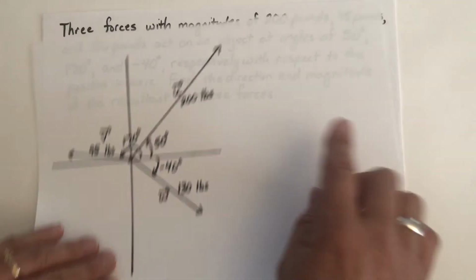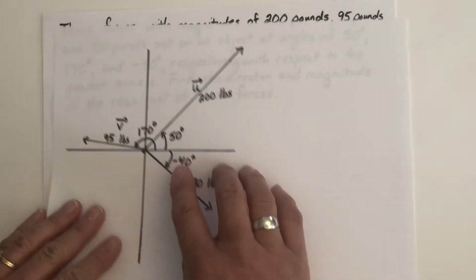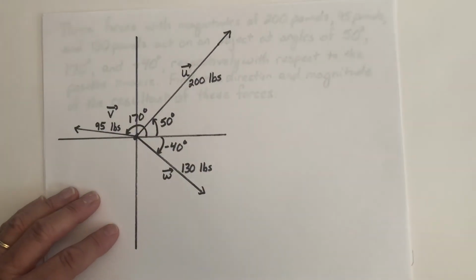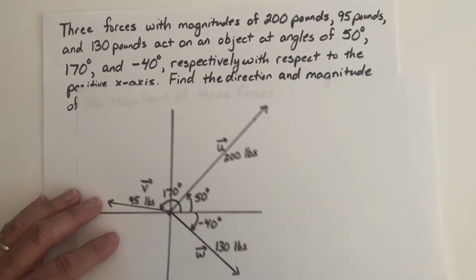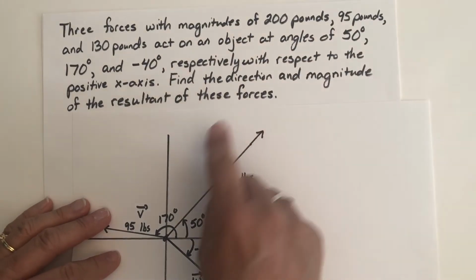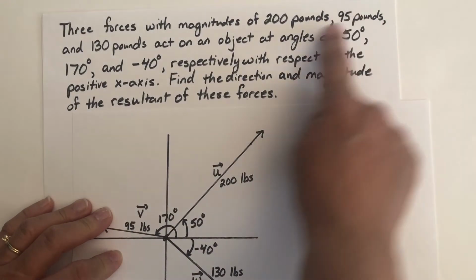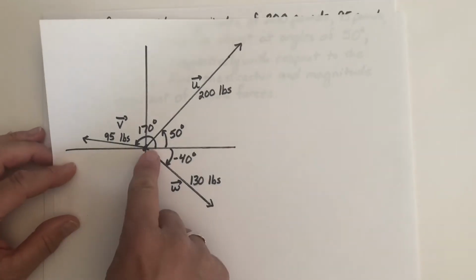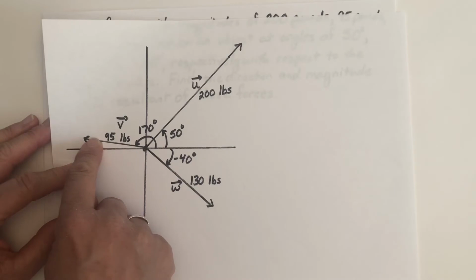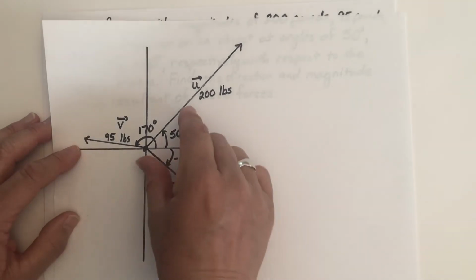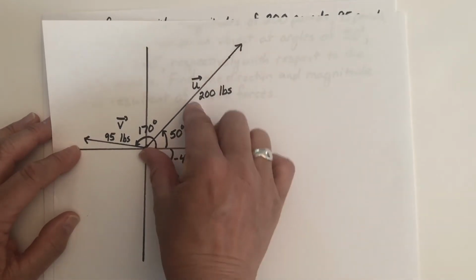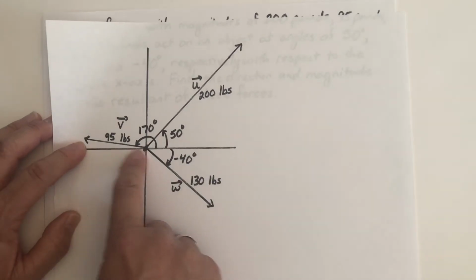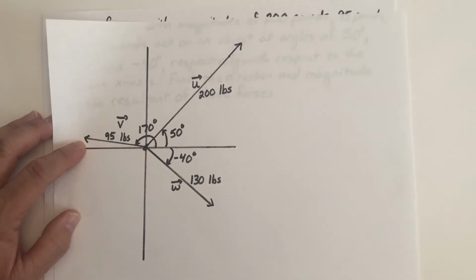Notice it was our largest force, so I represented it with the largest vector, or its magnitude was the greatest. The next one, we have a force of 95 pounds and an angle of 170 degrees. So here it is, 95 pounds. I made it just a tad bit shorter than half of this. I hope it looks like about half, because its magnitude is half, and an angle of 170 degrees.